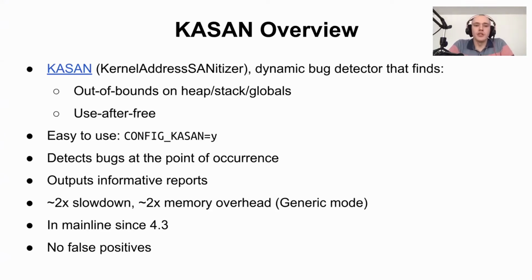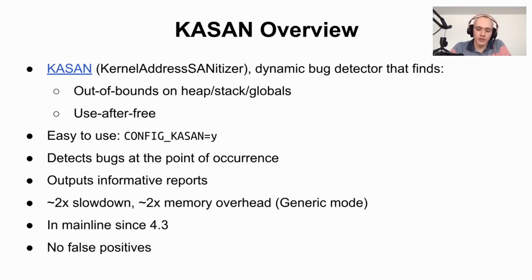This tool is really useful in case you want to detect memory corruptions. So let's say you have some memory corruption and you're trying to track it down, but the problem quite often is that memory corruptions actually crash your kernel or your program at some random points because the memory is corrupted. And KASAN tries to detect the corruption as early as possible, preferably at the point where the memory corruption occurred.